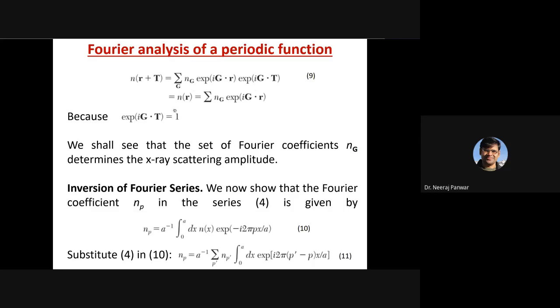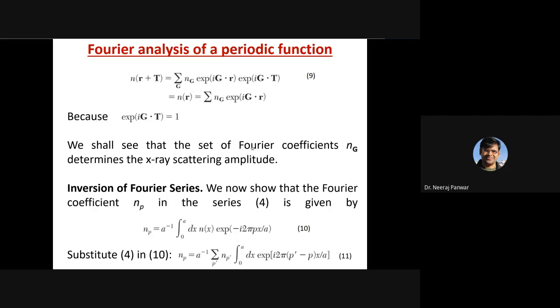If you recall the previous lecture, in that lecture we proved this relation, and I told you at that time that we are going to use it: exponential to the power iG·T is equal to 1. So here you put it equal to 1, and what you get is n(r). So electron number density in the three-dimensional case also we have proved that it remains invariant under this translation operation.